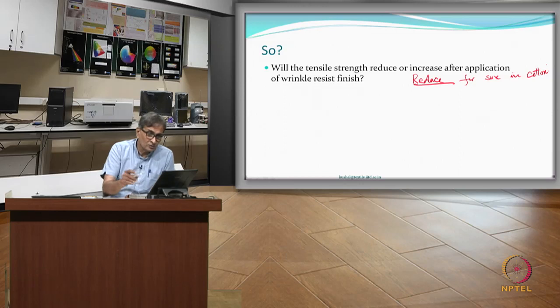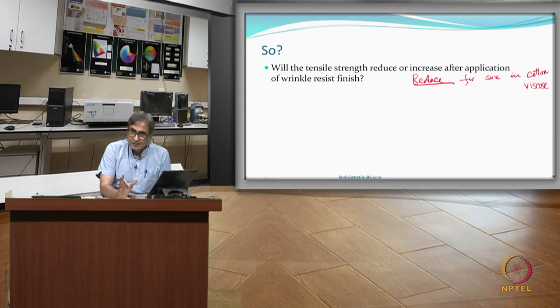In the case of viscose, thermal losses and acid losses, if they are there, they will be there. However, cross-linking can increase the strength. So, it's a difficult question to answer. What will we do?